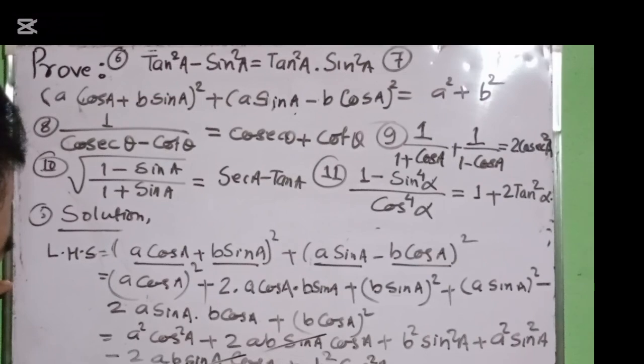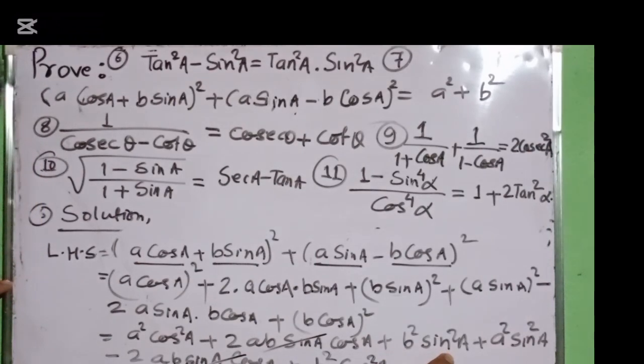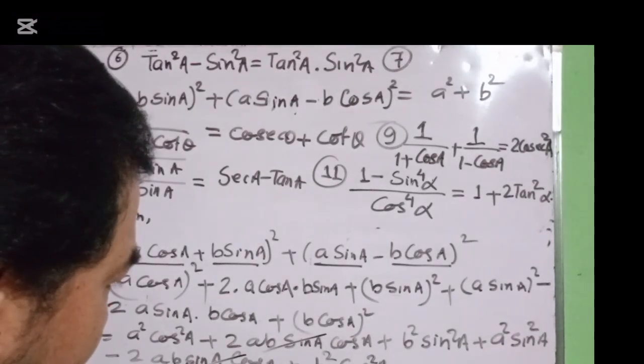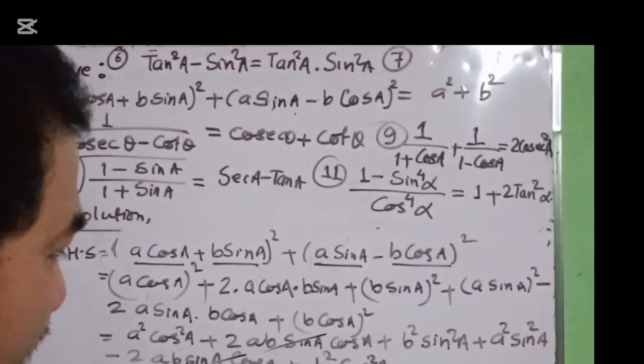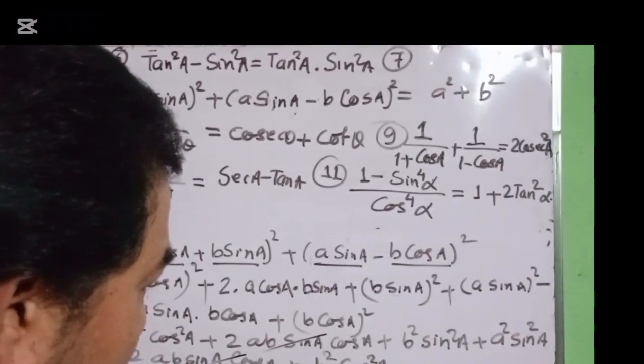Remaining is a square plus b square. Then b square sin square a and a square sin square a: take sin square a common, and there will remain b square plus a square.